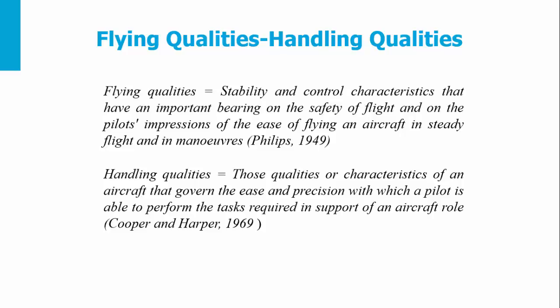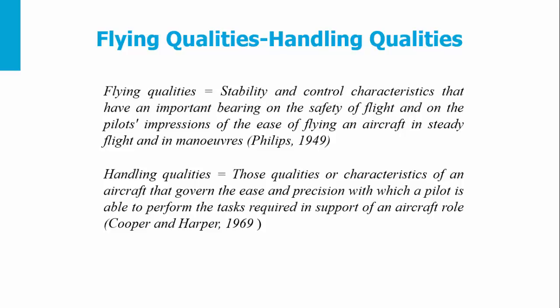In the literature, the terms flying qualities and handling qualities are sometimes confused. Actually, there is a difference between flying qualities, stability and control, and handling qualities. I showed you here what flying qualities mean and what handling qualities mean. The definition of flying qualities includes the stability and control characteristics.